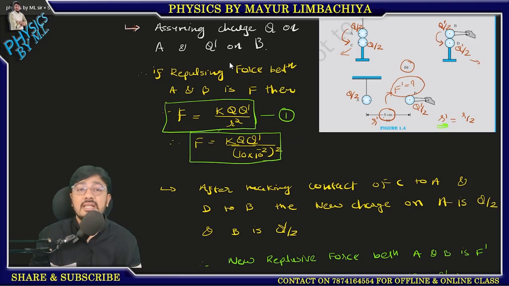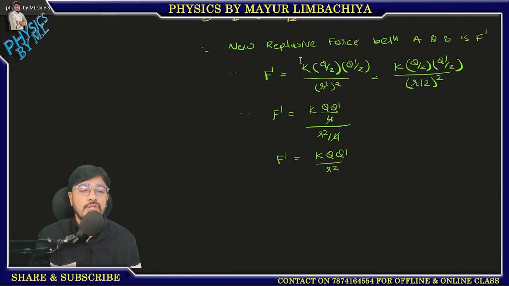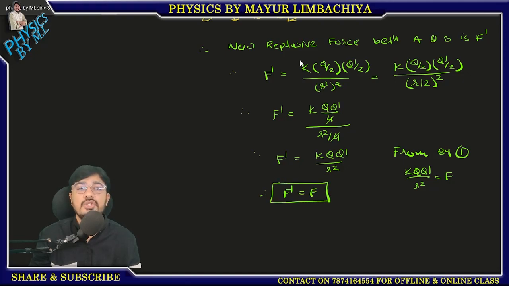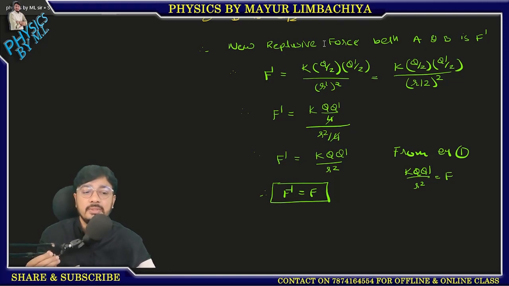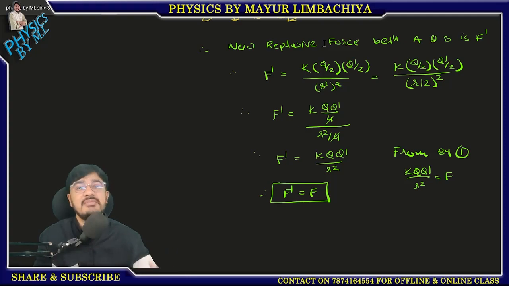This k Q Q dash by R square is actually F. So from equation 1, k Q Q dash by R square is equal to F. So here F dash will become F. What is the conclusion, or I can say what is the result of this problem? The result of the problem is that the repulsive force will be the same as previous. Okay, so I hope you understand this.